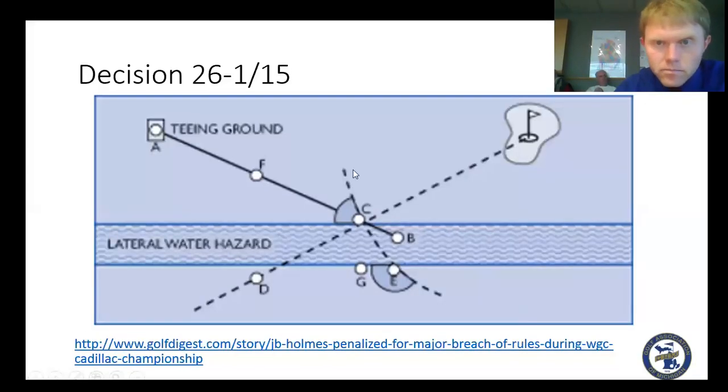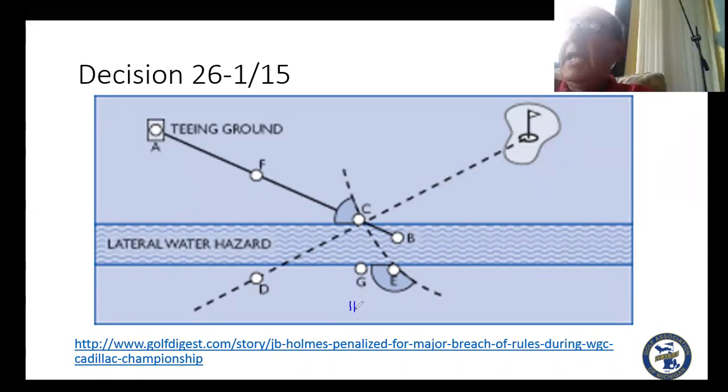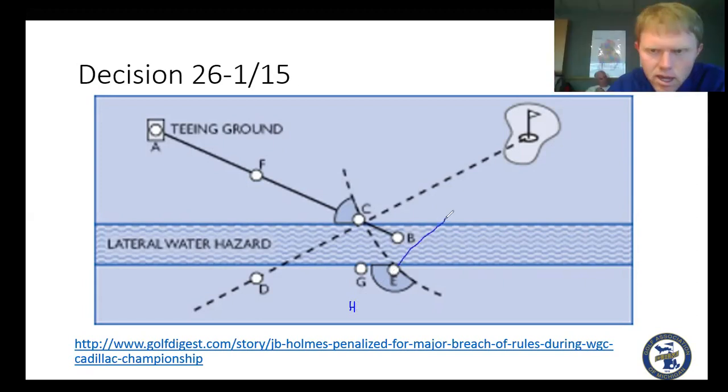All right, so where JB hit from, let's call it here, point H. So he hit line of sight from E to the flag rather than from D to the flag. Right, so he went on this line back, which should be straight, but he went on that line back instead of within 2 club lengths.